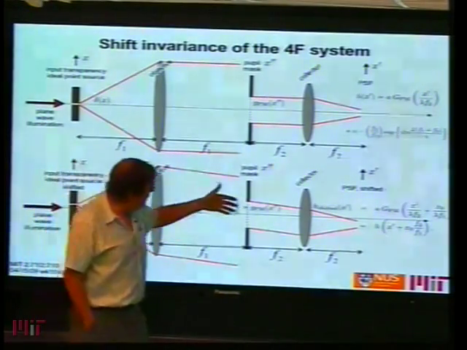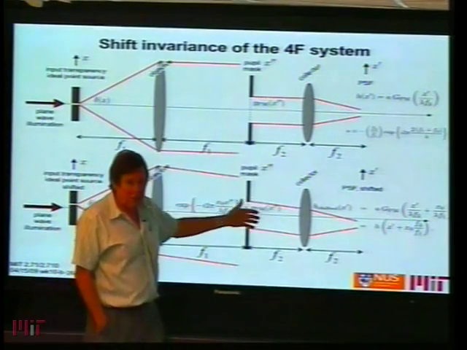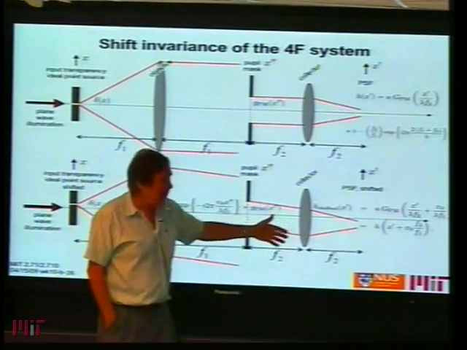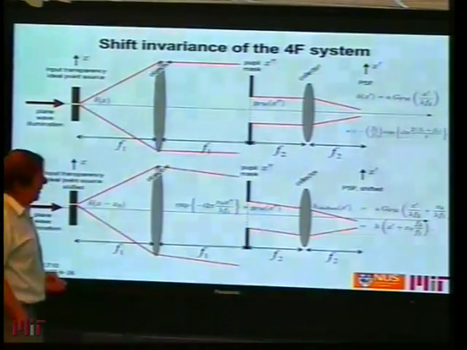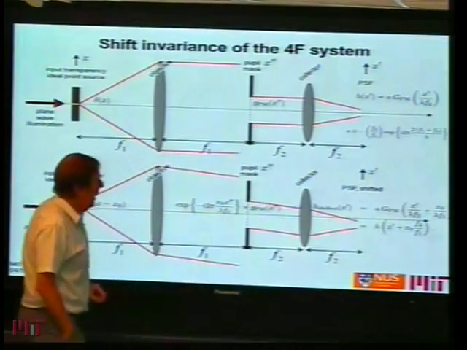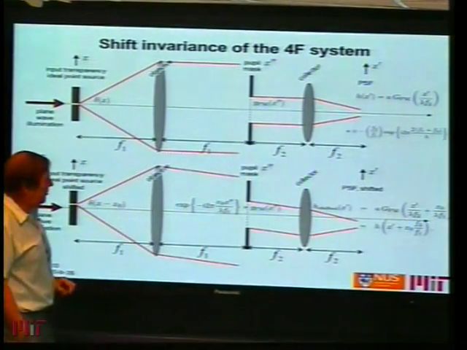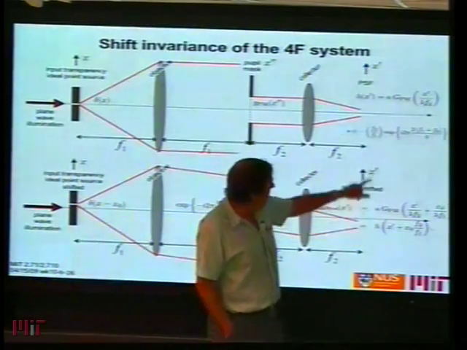And then when this inclined plane wave goes through the pupil mask, of course, its angle doesn't change anymore. So it's still moving at the same angle here. And then again, it's collimated and produces an image. The image, what we find, is the same as it was before.